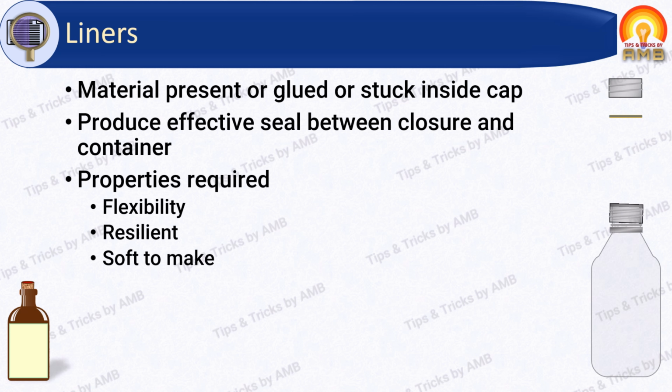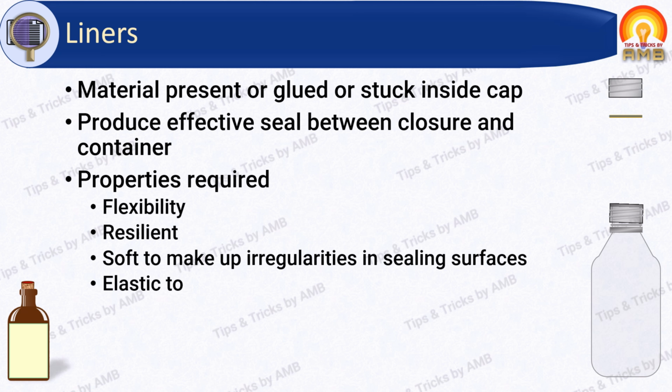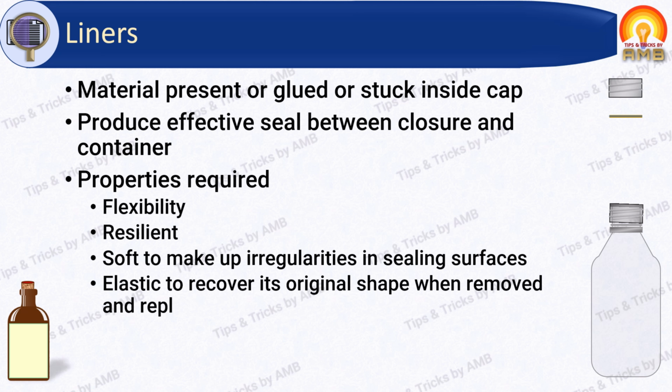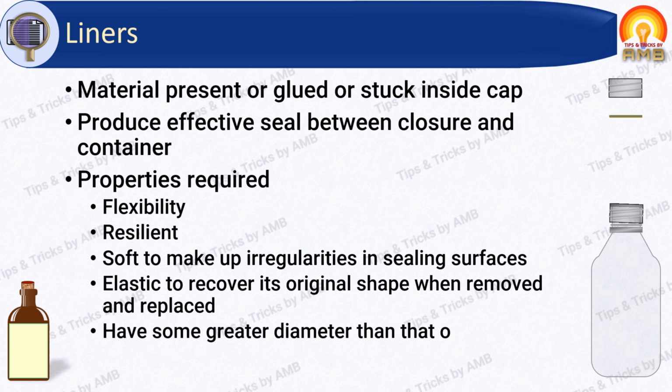It should be soft to make up irregularities in the sealing surfaces. It must be elastic also, so that it recovers its original shape when removed and replaced. It should have a greater diameter than that of the cap, so that the liner snaps into the place.